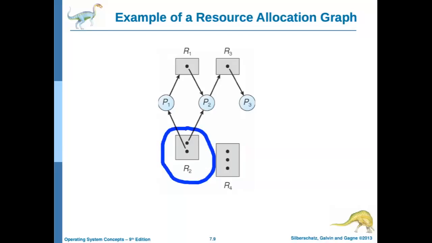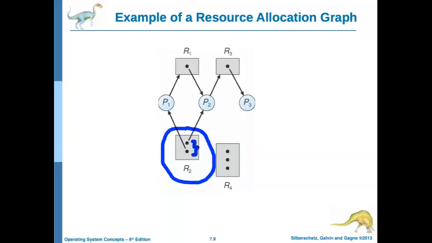The reason behind that is the instances. There are 2 instances of resource type R2. One instance is held by P2 and the other instance is held by P1. So this is one example of a resource allocation graph.